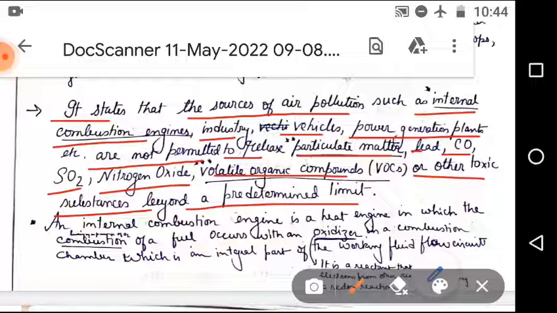So the names that I have mentioned just now are all pollutants, and they have limited permission to be released into the atmosphere from industry, vehicles, power generation plants, and the internal combustion engines we use in our automobiles. Beyond that, it will be going against a rule, against a law made by the government.